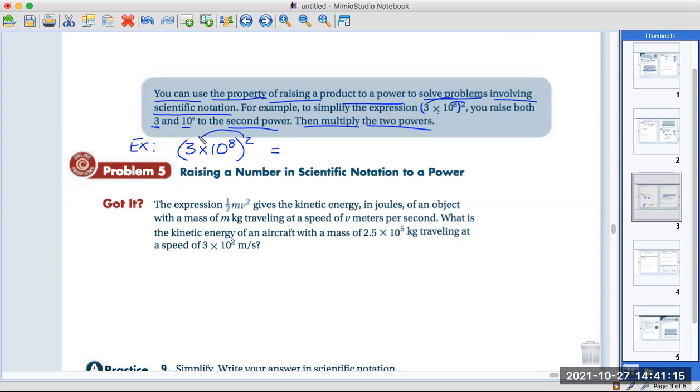So you have to shower the power. 3 squared times 10 to what power? 8 times 2 is 16, and 3 squared is 9. When those numbers are small enough, you can simplify them. If they get too big, don't.